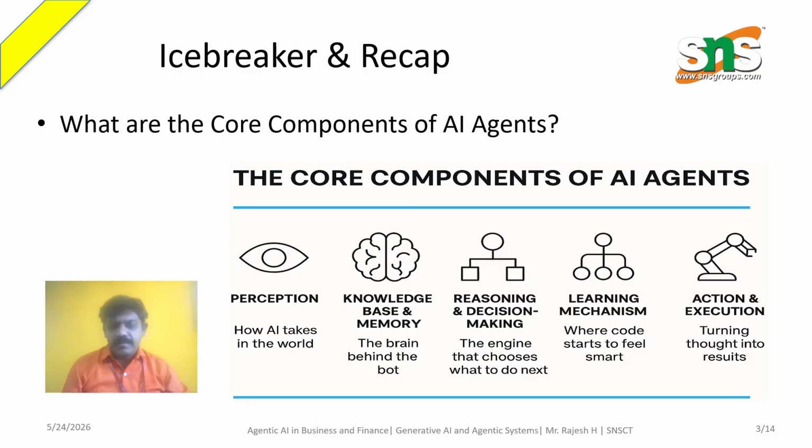Then it uses every piece of information as a knowledge base, and keeps it in memory with a trained set of data. So that's the brain behind the bot. And then with proper reasoning and decision making using the cognitive thinking process, that engine chooses what to do next and what to be prompted next. And the learning mechanism is where it learns and feels smart. And the execution through action always takes place with the thought process and results.